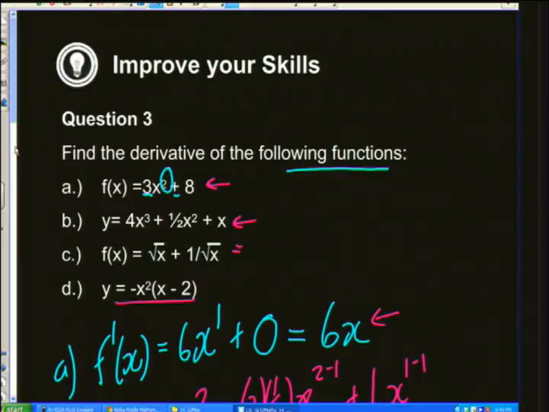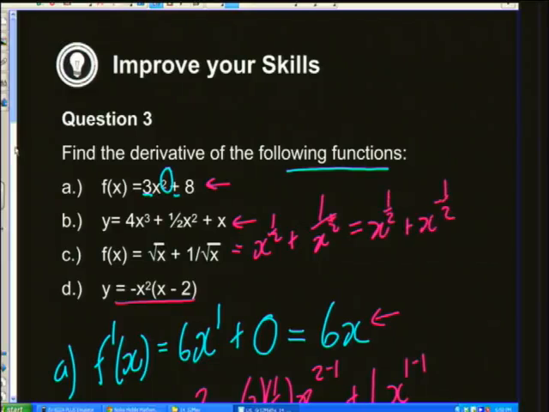My tip for you, when you're given roots, write them as powers. So the square root of x is just x to the half, plus, now this is 1 over x to the half, but you can simplify that. You can write it as x to the half plus x to the negative a half.